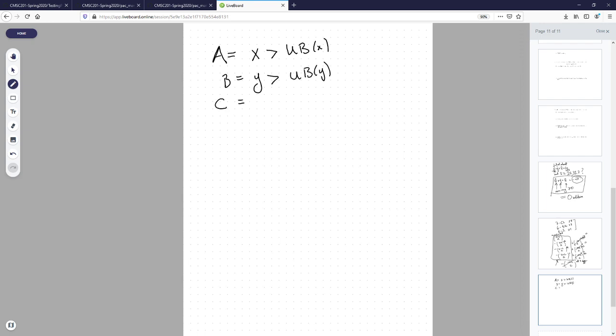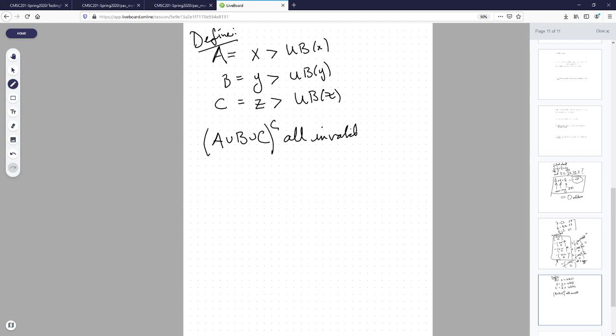And then C is the set of solutions where z is bigger than the upper bound on z. So we're defining all of these sets. And so what's going to end up happening is we don't actually want A union B union C, because those are the answers that are all invalid. What we want is A union B union C complement. And so that's kind of the problem here.